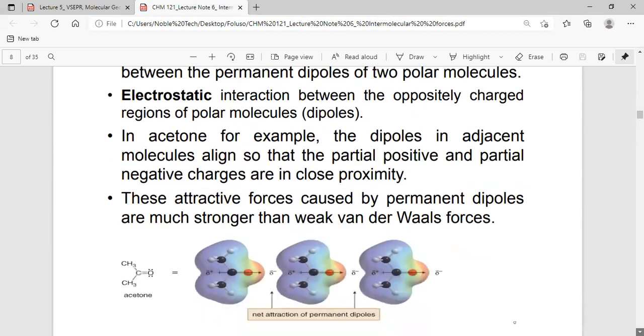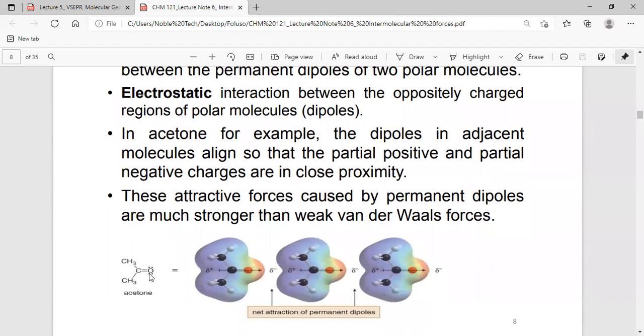For example, in acetone, this is acetone, you have this oxygen polarizing the bond towards itself. And because it polarizes this bond towards itself, it creates a partially negative charge here, because it's electron loving, and you have a partially positive position here.